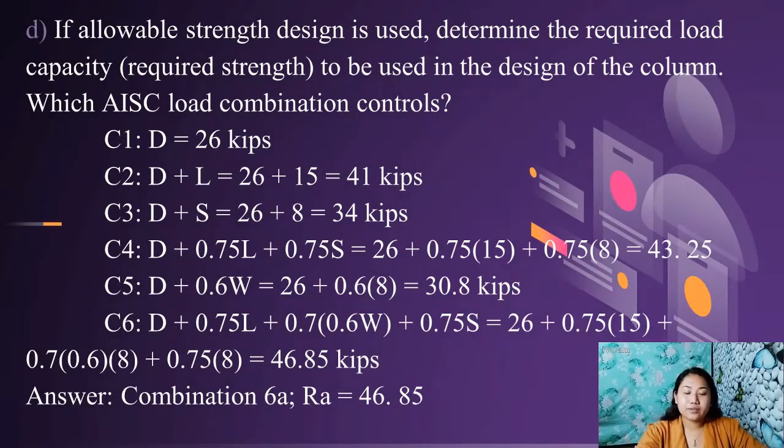Letter D. If allowable strength design is used, determine the required load capacity, required strength, to be used in the design of the column. Which AISC load combination controls?